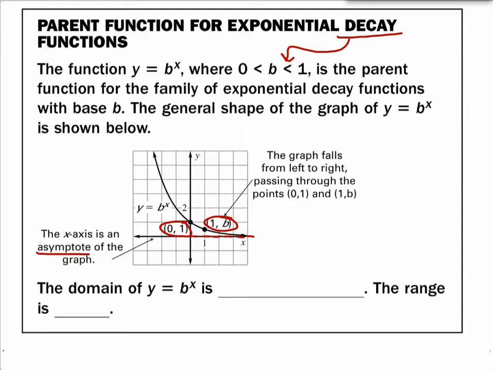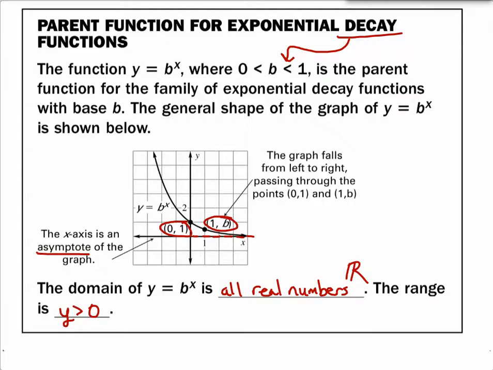So the domain, now I'm ready for the domain. The domain is all real numbers. You might know that as R. Either way, the range is y is greater than 0.